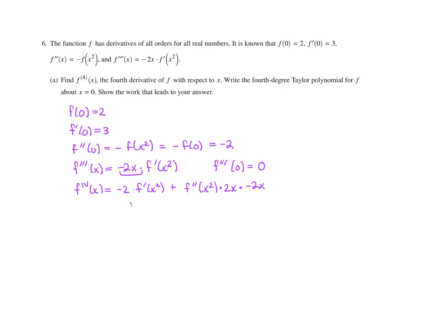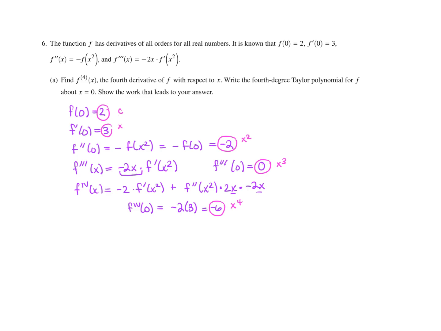So the fourth derivative at 0 would be negative 2 times the first derivative at 0, which is 3. And this will zero out over here, so this is negative 6. So this is our constant. Actually, that's not a constant, that's x. So this piece is our constant, this piece is our linear term, this right here is our quadratic term, cubic term, and then quartic term.